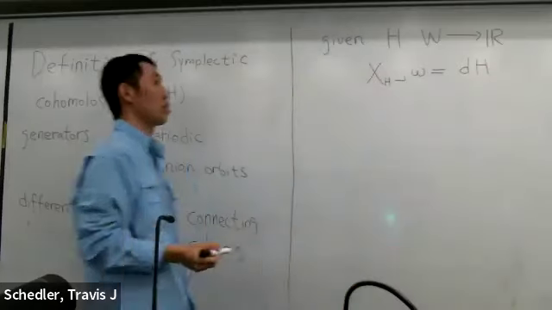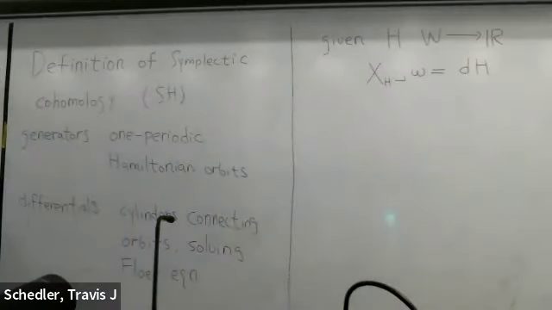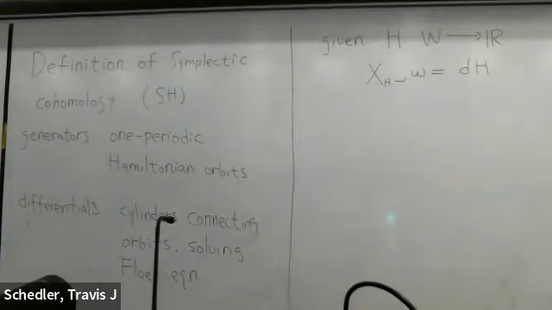So that's the definition of this vector field. Given any smooth function, we have a one-form dH. Then since omega is non-degenerate, it turns any one-form into a smooth vector field called the Hamiltonian vector field of H.